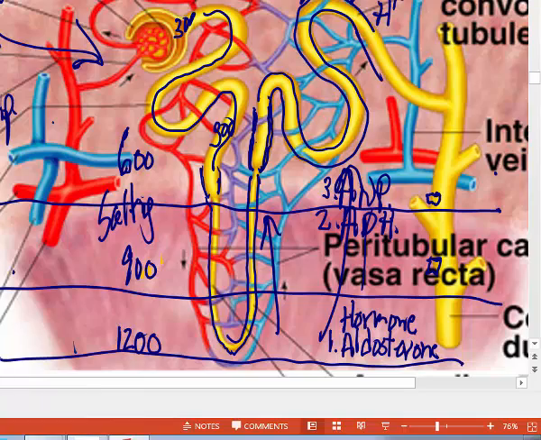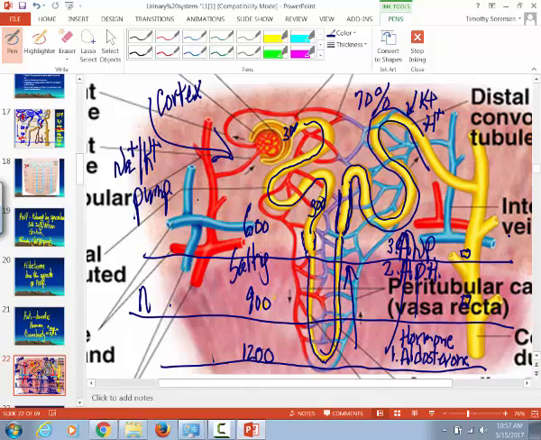Water channels have a special name. They're called aquaporins. Aqua, water, porin, porous. Tell me you got that.